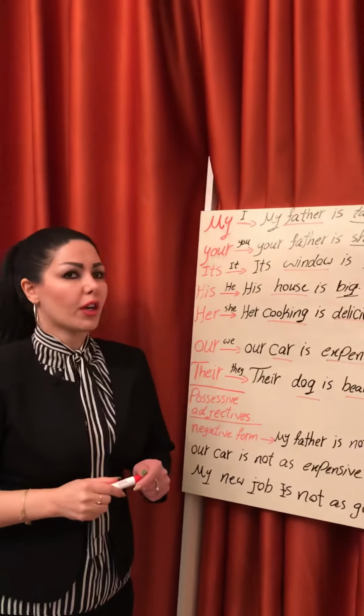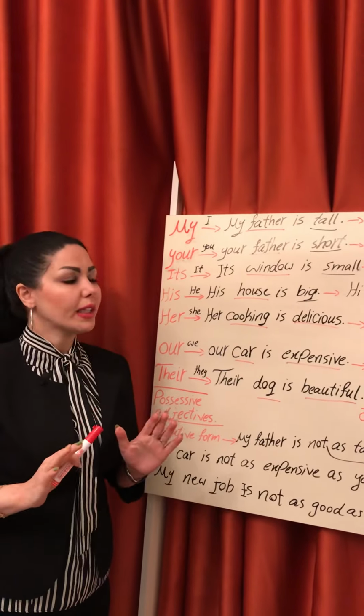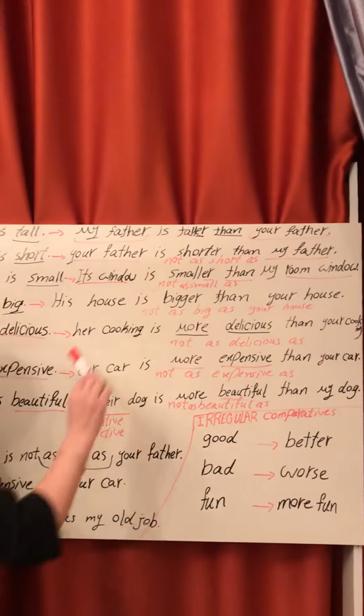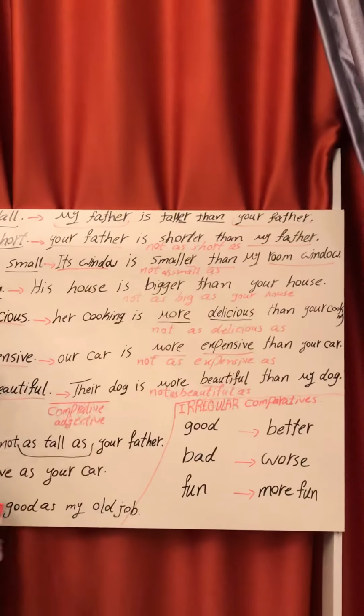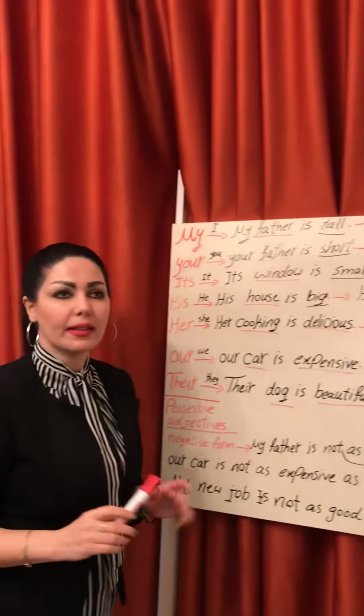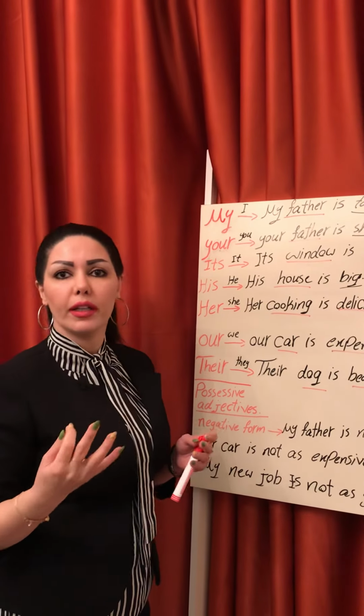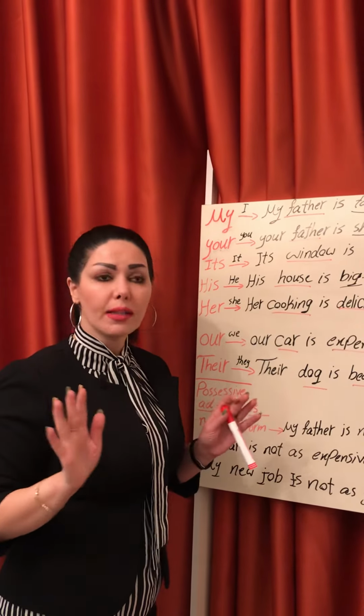So for the negative, we don't use er and then, or more and then. Okay? It doesn't matter if the adjective is one syllable, two syllables, three or four syllables.